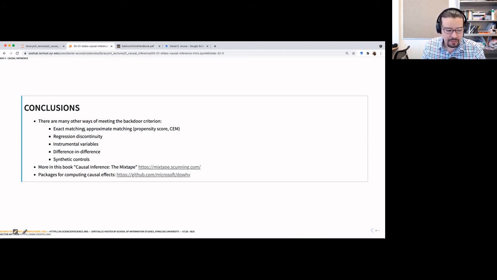Matching, we have Aaron, who applied it to show that if you move to a better university, let's say the best university in the US, that gives you a lot of advantages. It's not just your ability; it's the fact that you're in a better university. And he used matching for that. So that's another way of showing that there's a causal effect, not just correlation.